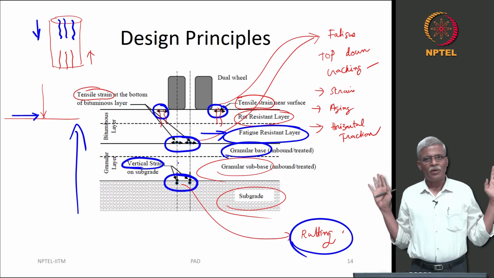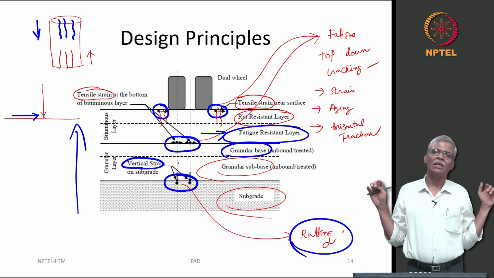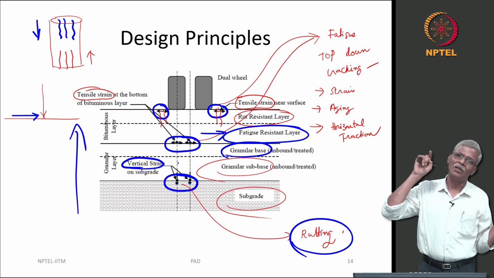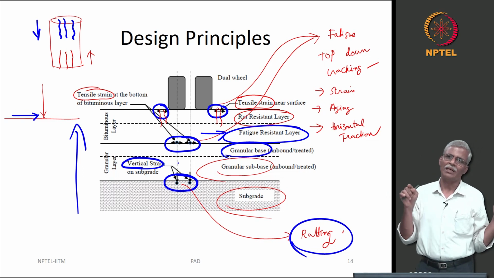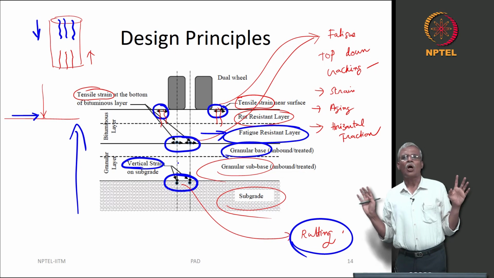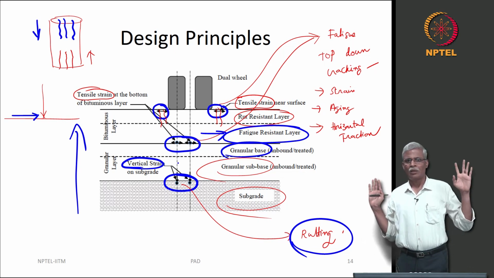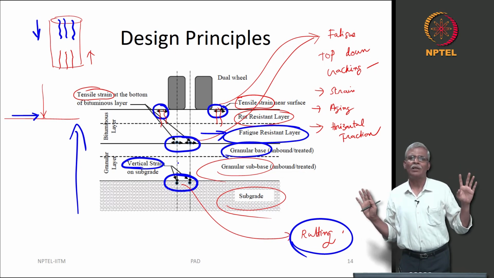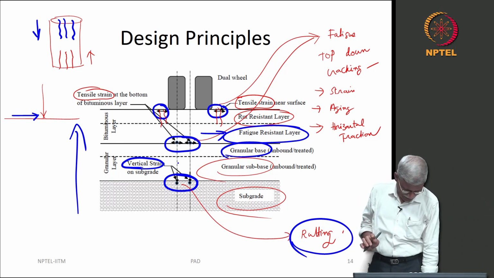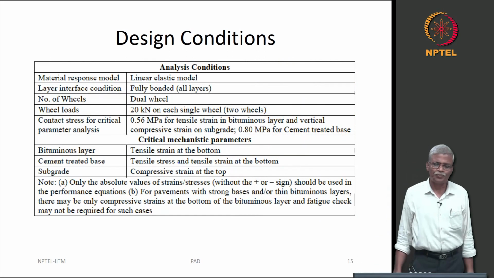Fatigue can happen in every layer, but we will be checking for fatigue only at the surface as well as at the bottom of the bituminous layer. But the distress equations that you are going to see are not related to the fatigue at the surface, not for top down cracking, but that is a different issue.